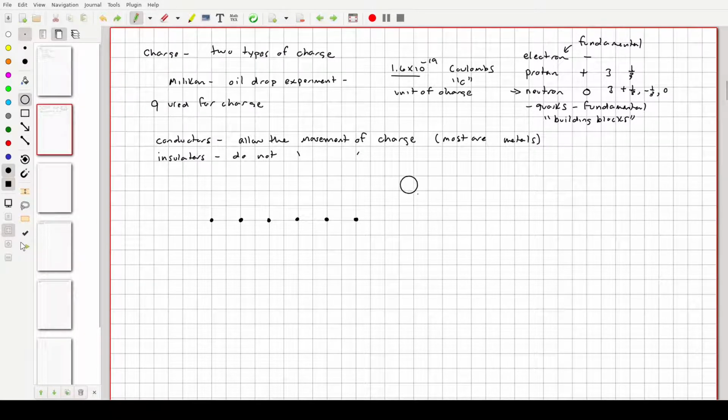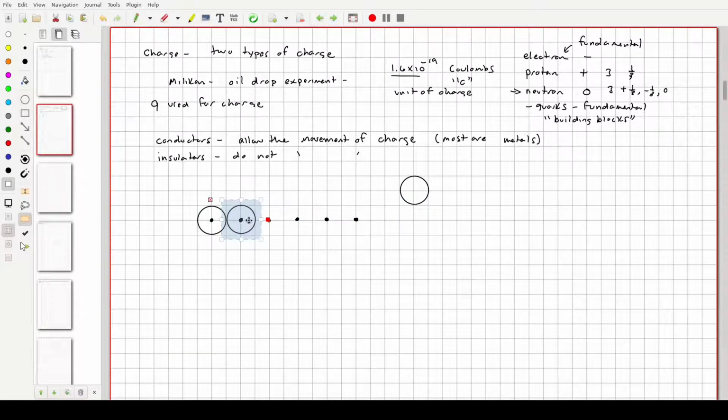And then we think of, in what turns out to be an entirely incorrect way, the electrons as sort of flitting around the nucleus of the atom.